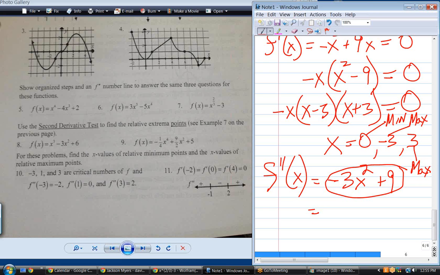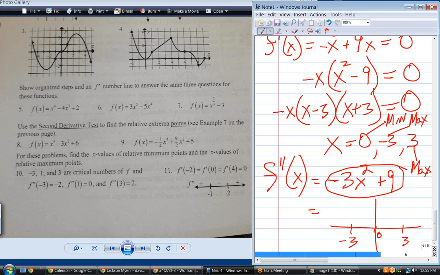And that's certainly possible, that we have 3 different types of concavity there, and 2 relative maxes is okay. In other words, if I wanted to graph what this function might look like, I know I have a maximum there, a maximum there, and a minimum there.